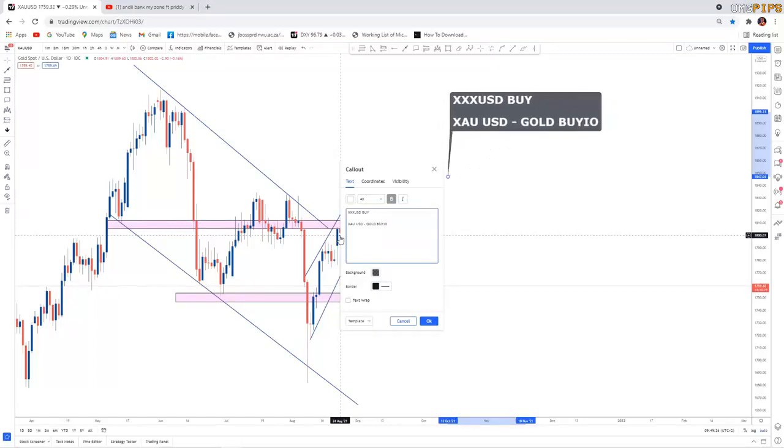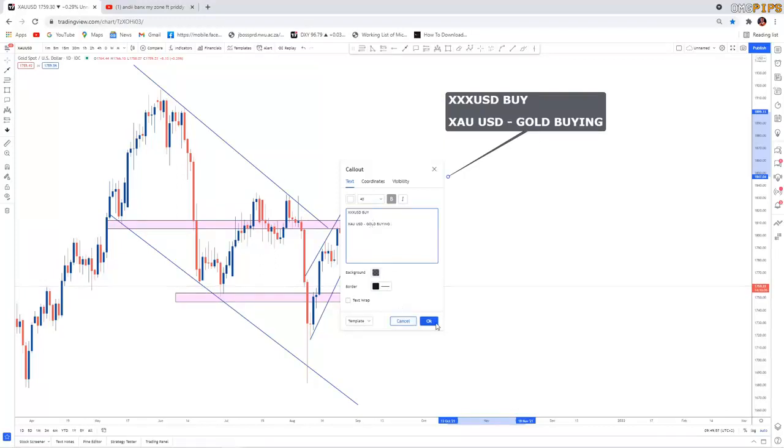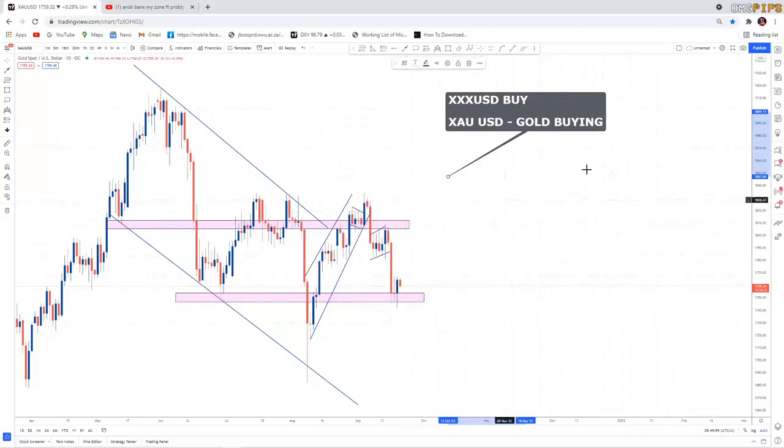Buying opportunities. So don't get this wrong, guys. What I mean when I say the dollar index is a guide is the eye that you need to have for the market when you're about to execute your trade. The dollar index is kind of like a guideline of how to look at USD-related pairs. So as you can see, even right now, gold is confirming the buying opportunities we're looking for, right?